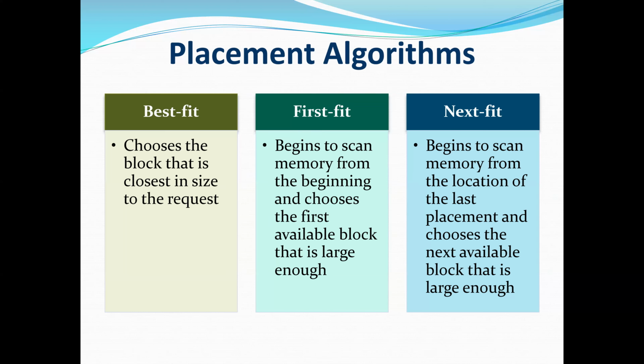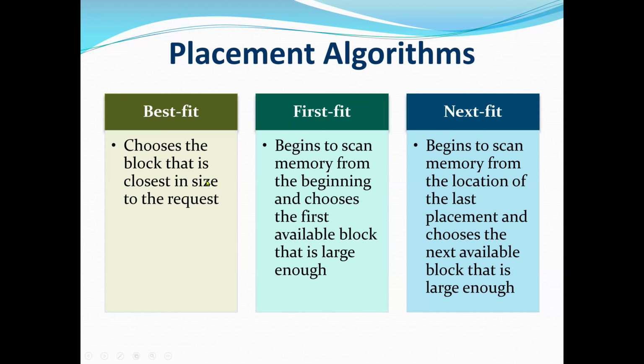The best fit chooses the block that is closest in size to the request. First fit begins to scan main memory from the beginning and chooses the first available block that is large enough.